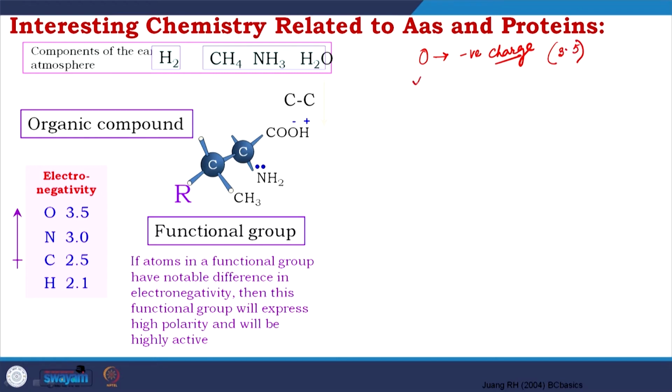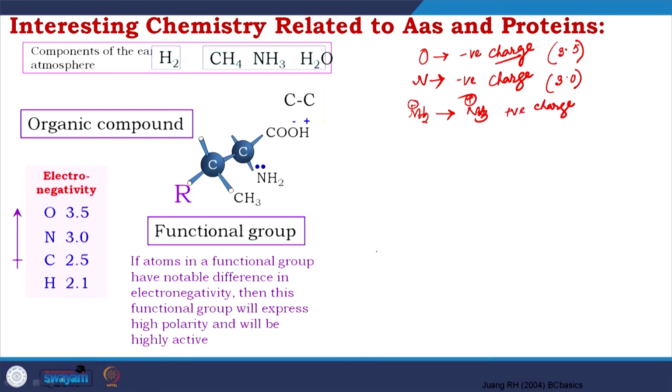But very interestingly, nitrogen comes up with electronegativity 3. So, it definitely could provide us negative charge, but in addition it forms NH3 plus. So, it also provides us positive charge.